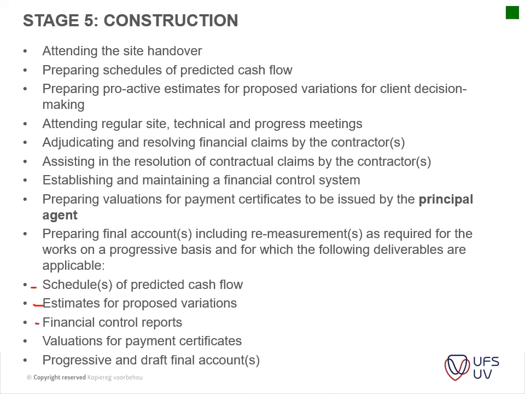Financial cost control reports, valuation for payment certificates, and progressive and draft final accounts. Now the final accounts we'll get into later on, but this is the final cost that is signed by the client and the contractor, saying, okay, this project is done, this is what is outstanding to the contractor, or this is something which is due to the client.